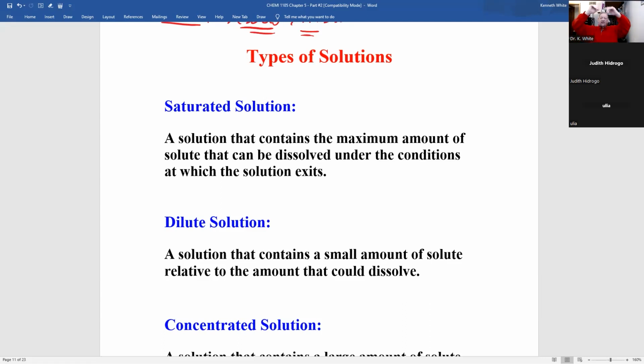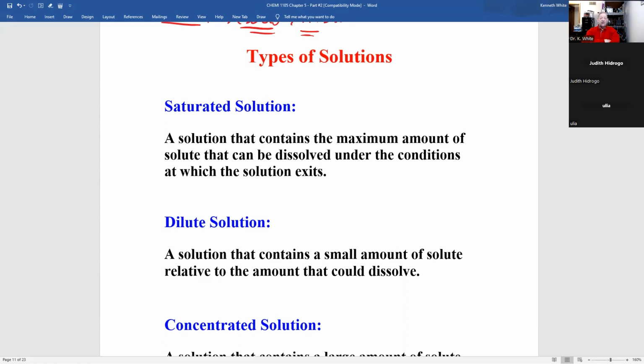When you have a higher temperature solution, generally, not always, you can dissolve more solute in that. But whatever the temperature, when you have a saturated solution, you can't put one more molecule in there.